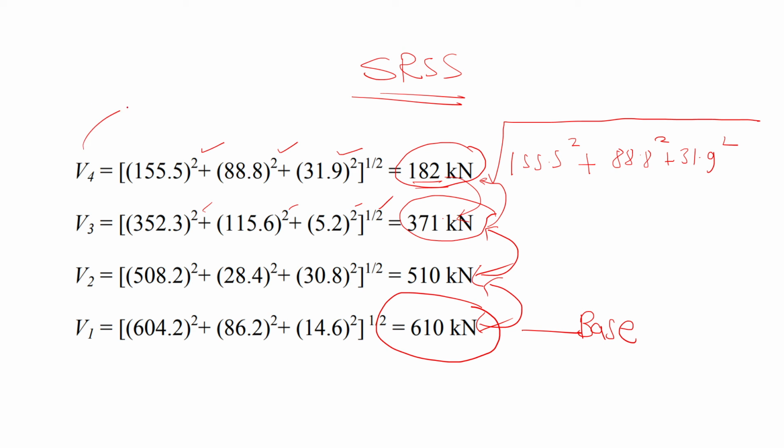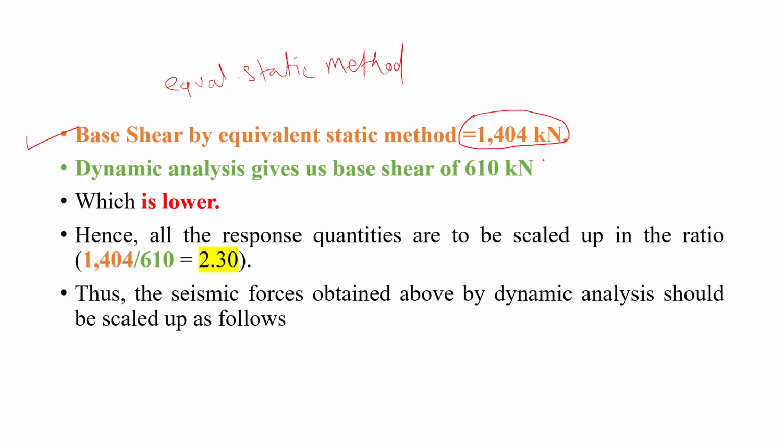So the base shear value is 610. So you have to check which one is lower. The dynamic analysis value is lower. So what we do, we divide the static value by the dynamic one, 1404 divided by 610, and we get a factor of 2.30.